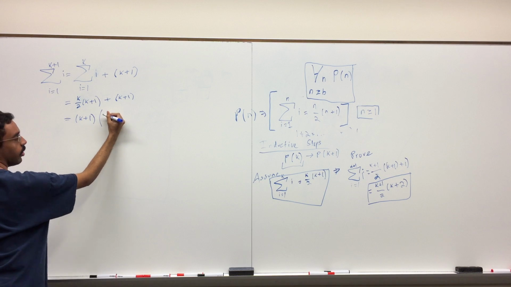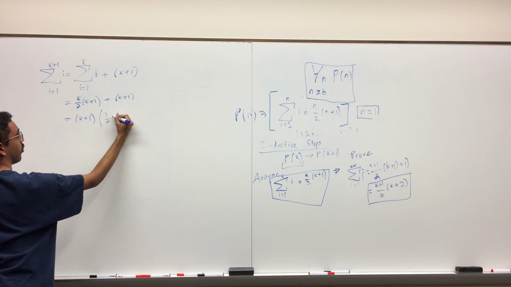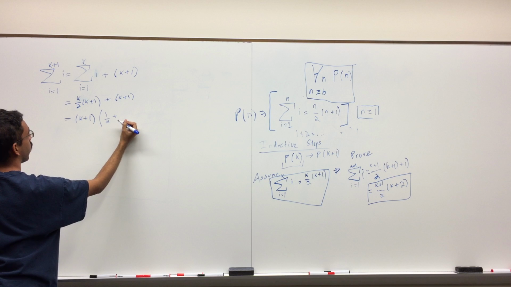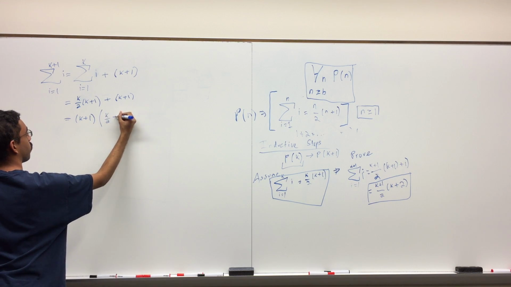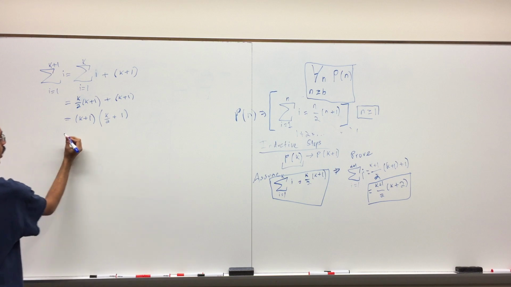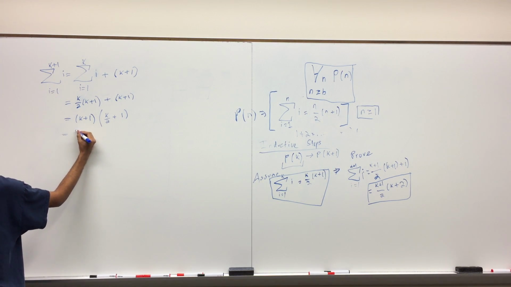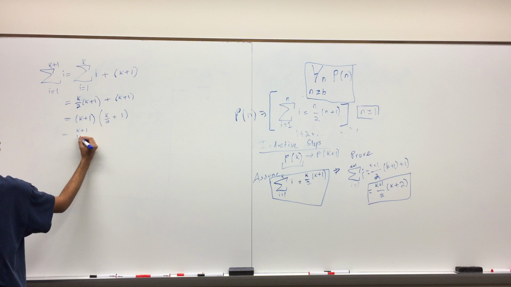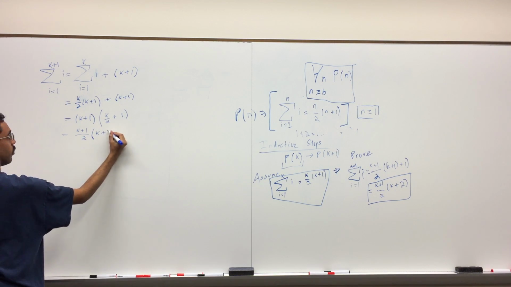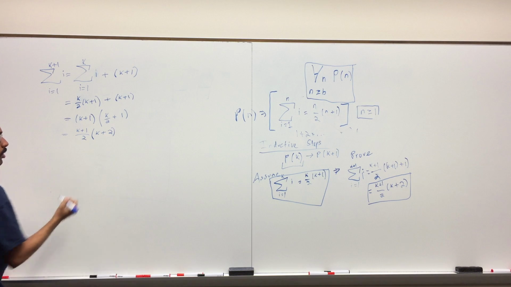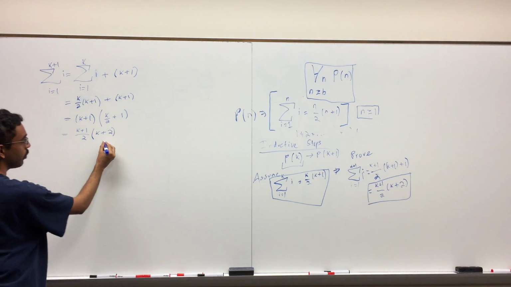This is equal to k plus 1 times k over 2 plus 1. And then notice that we can factor out a half times k plus 2. And voila.